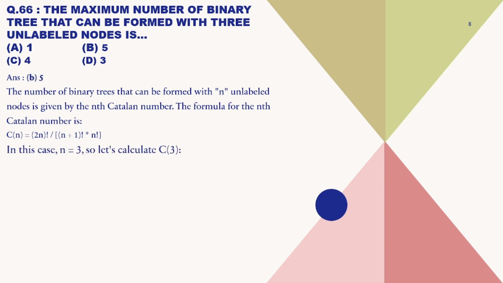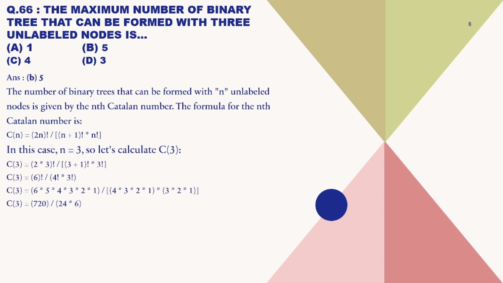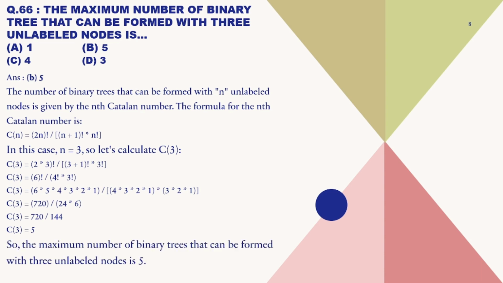Let's assume n is equal to 3, because in the question we have three unlabeled nodes. After performing the calculations, for this case we get the answer 5. So the last answer is 5.